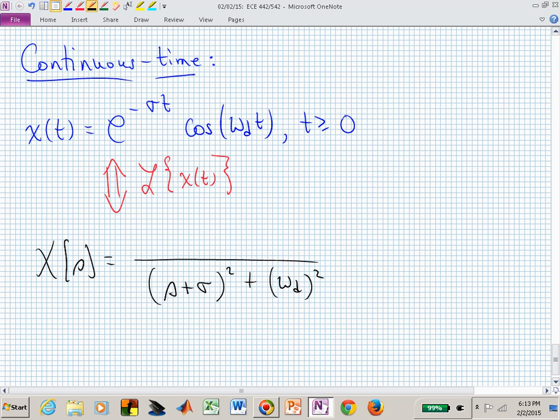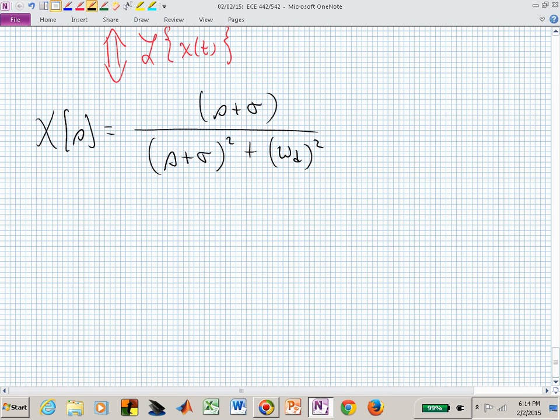Now, with respect to the cosine and the sine, maybe you have forgotten that, but the cosine has this s, and in the sine, it's just the frequency. So the cosine is s plus sigma when we have this shift of e to the minus sigma t, and this is now the Laplace transform of this exponentially damped sine and cosine for this particular case.